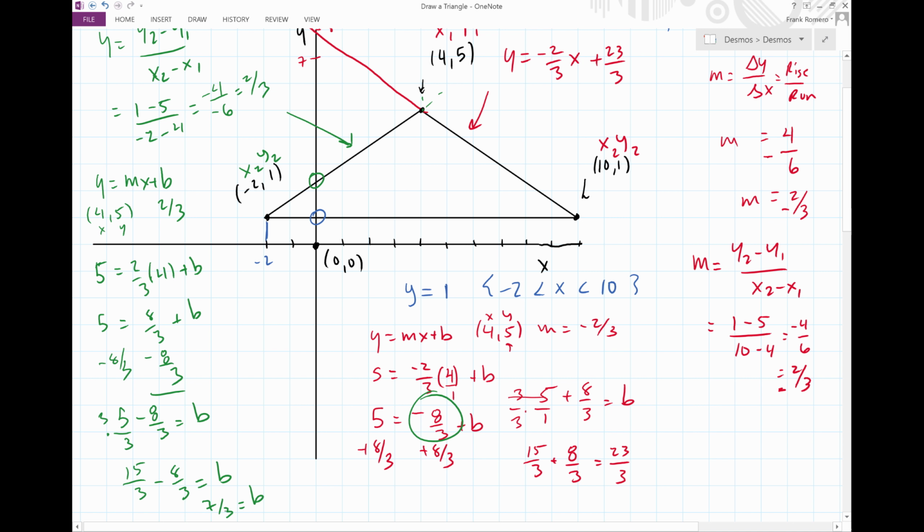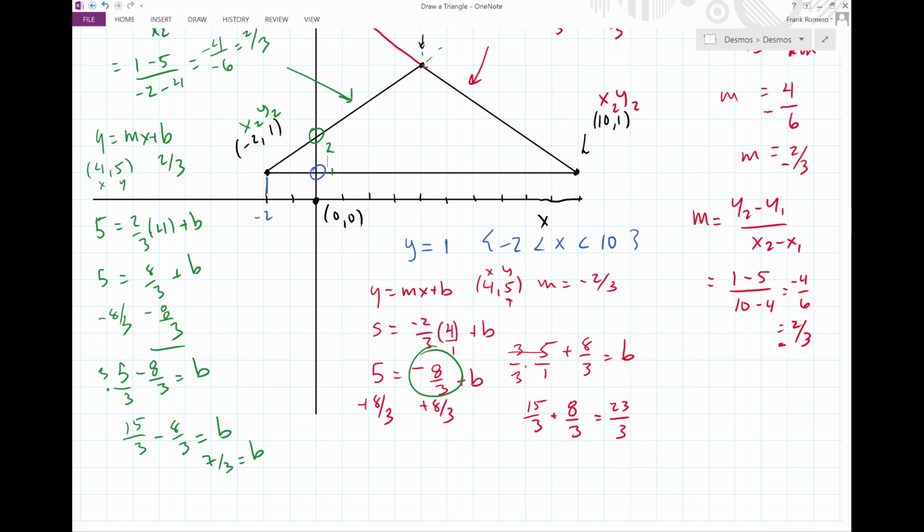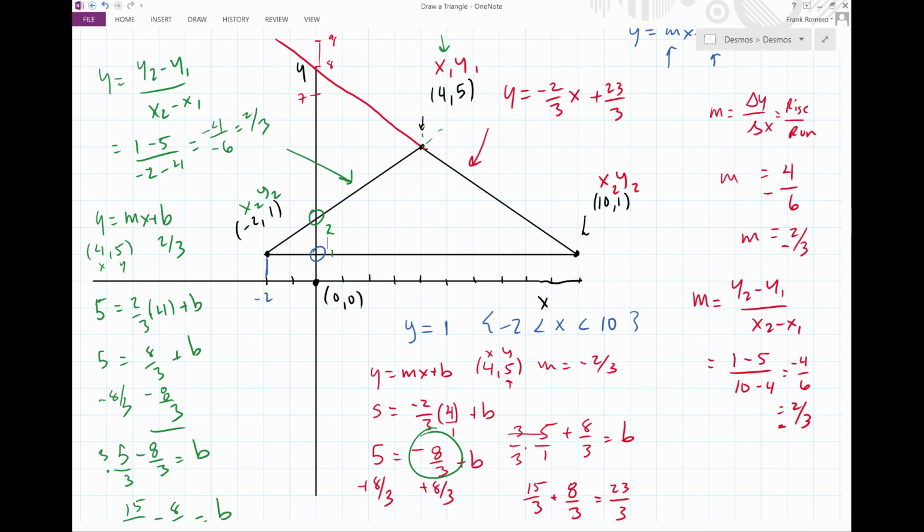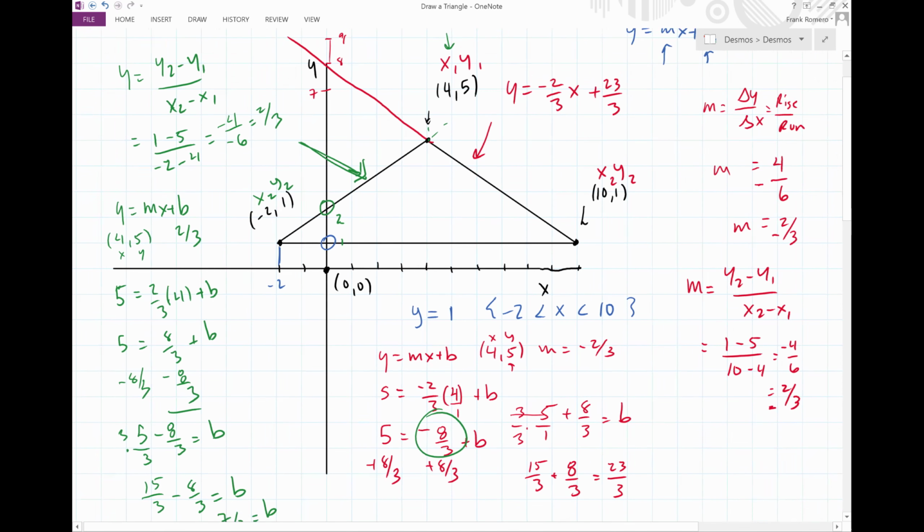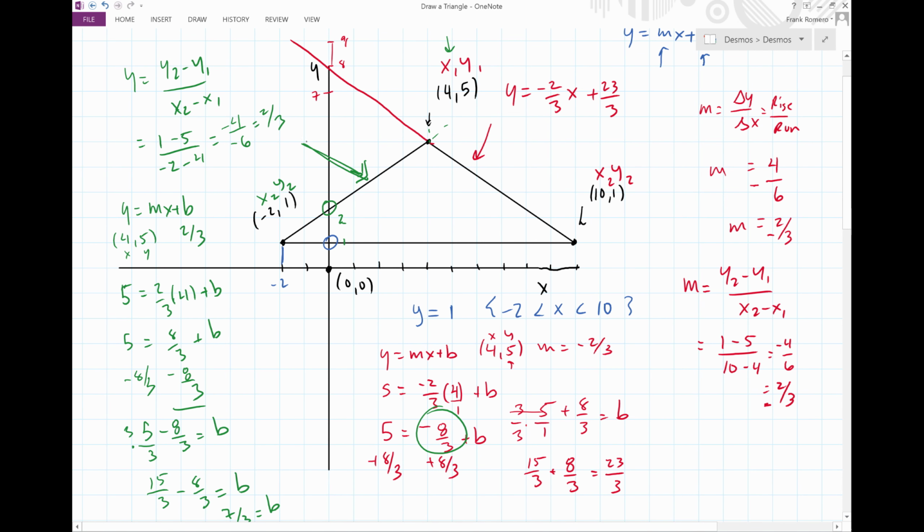3 goes into 7 how many times? 2 times. So it's going to be a little more than 2. And that's right. This is 1, this is 2. So it's a little more than 2. So the formula for this line right here, I'm going to write it over here.